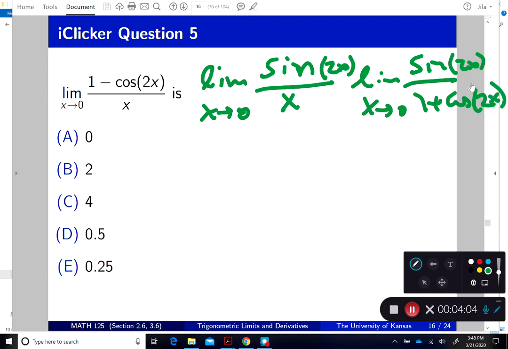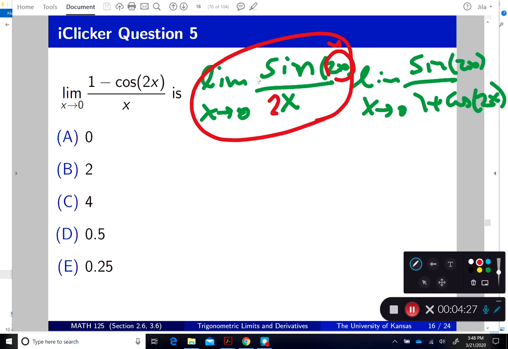If both of these limits exist, I can write it this way; otherwise I could not break down the previous limit. This awfully looks like what I wanted, except that this is u and that's not u. What do I do? I multiply this one by 2, so I will have that too.